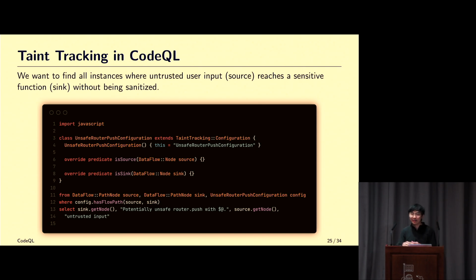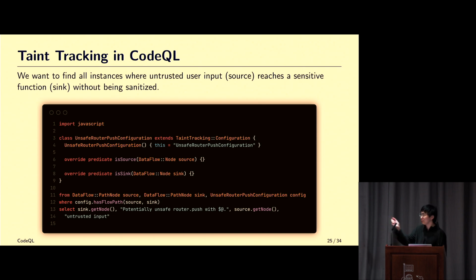And isSink is because you're trying to find instances where untrusted data reaches sensitive sinks, so it determines what parts of your program you don't want that untrusted data to reach.